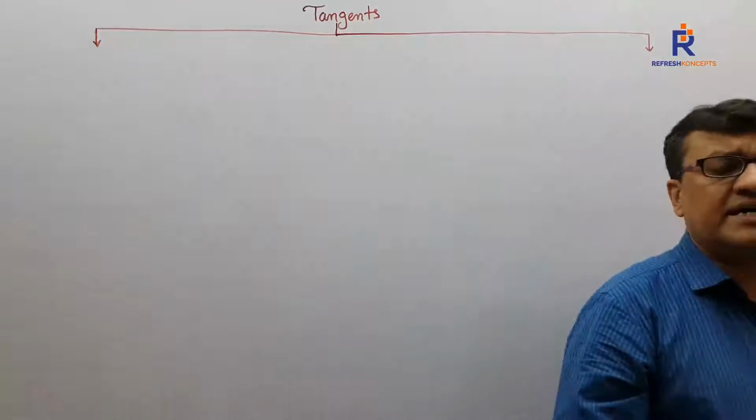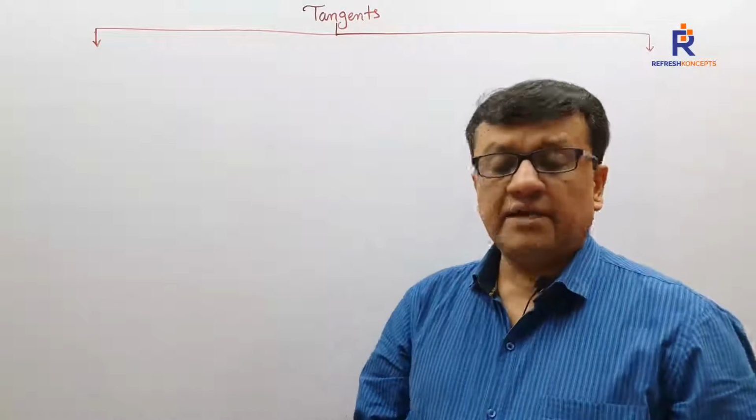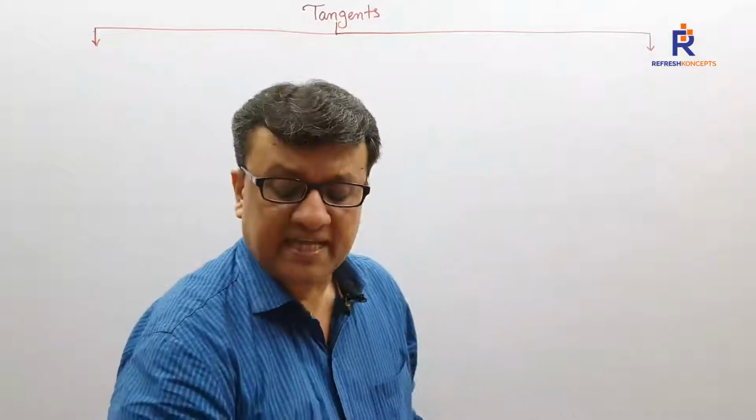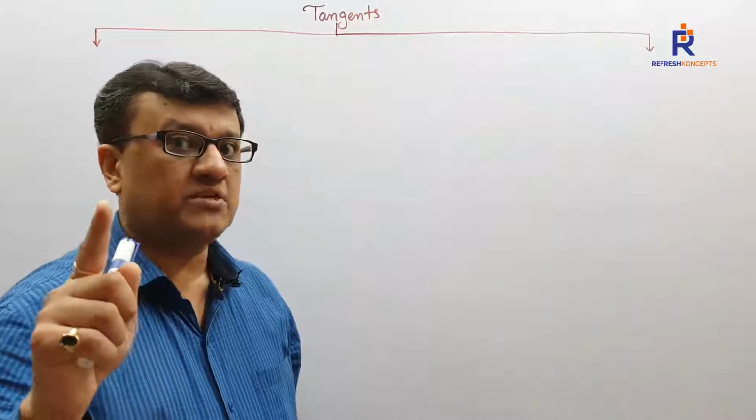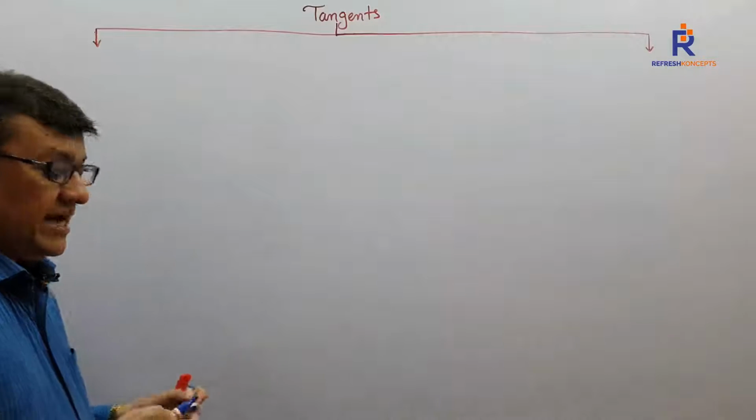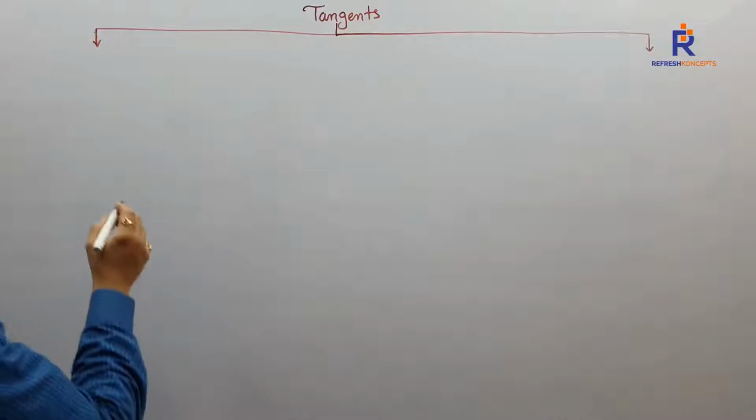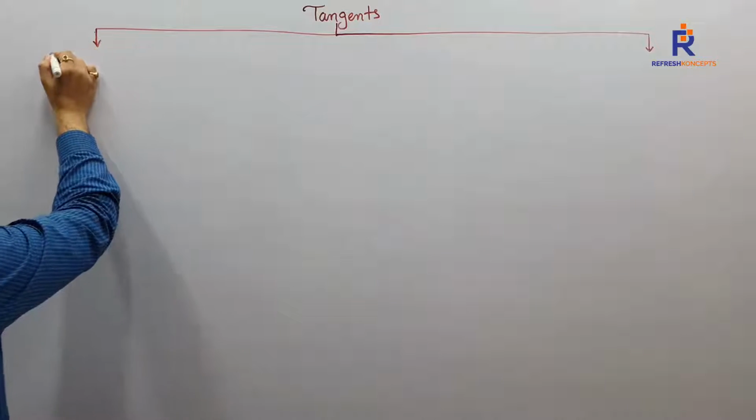Now, children, when I say construction of tangents, from my purview, as I stated, I'm going to make you understand via types. There are mainly two types.